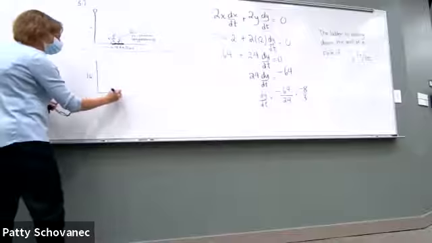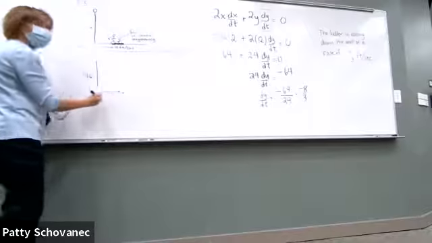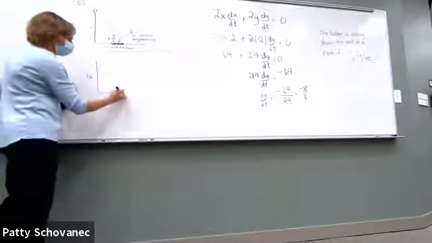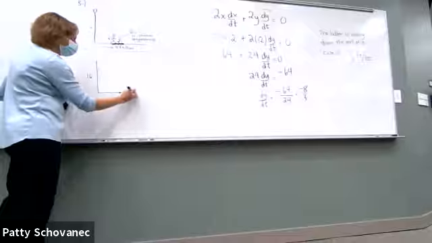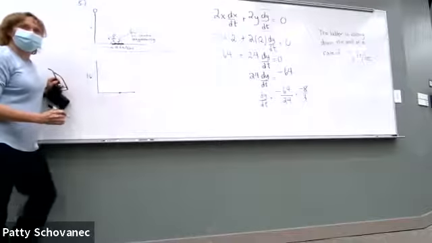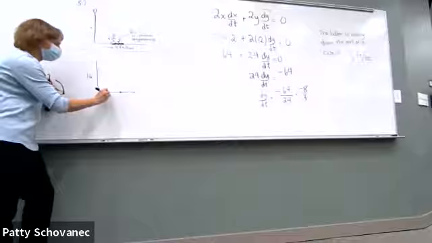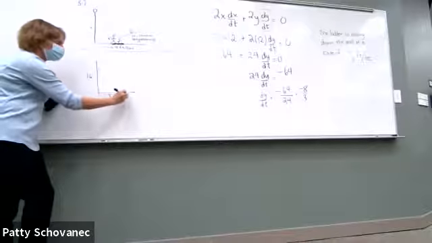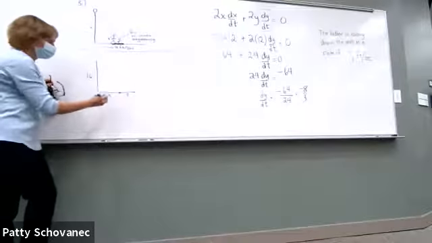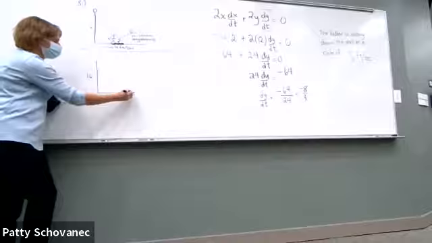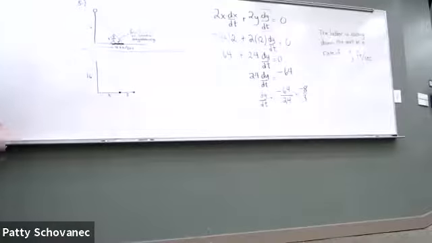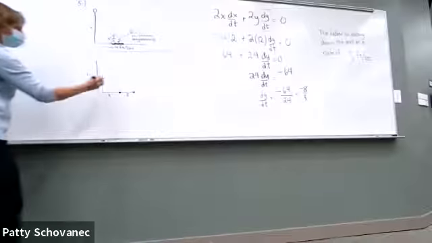But if the boy is right here, this distance is changing over time. And if the shadow is right here, that's changing over time. So I'm going to call the distance between the boy and the wall x and the length of the shadow s. Those are what's changing over time. This stays at 5 feet.